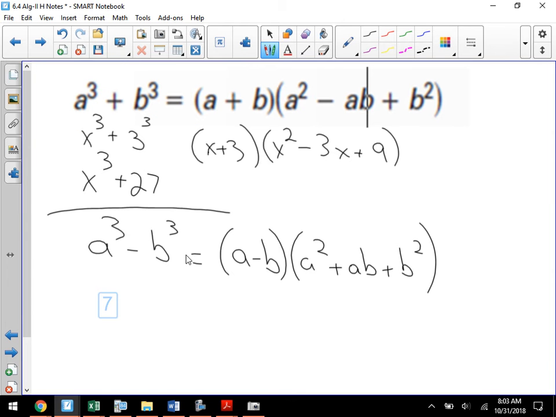So the first term is always the same as what it was. The second term is always the opposite. And the third term is always positive. Same, opposite, plus. That's how these patterns always work. Same, opposite, plus. Those will always be the sign patterns.